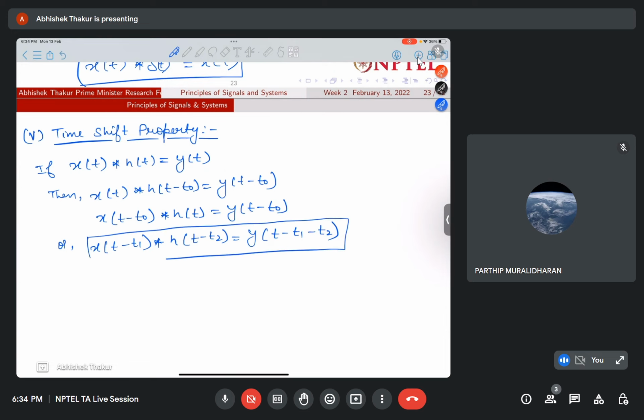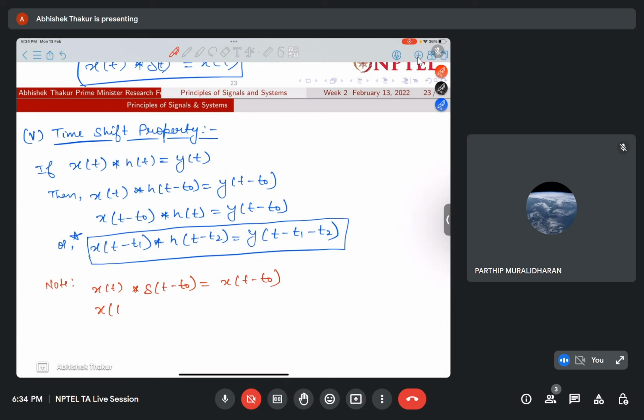So this you remember. This is very important. So just keep a note here: when x(t) is convolved with delta(t minus t naught), we will get x(t minus t naught).